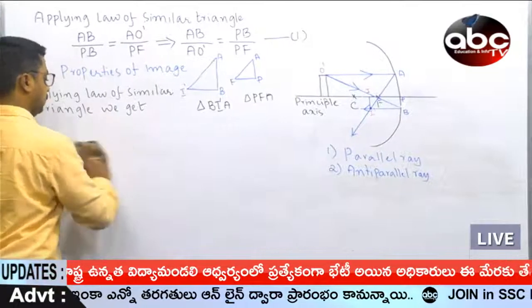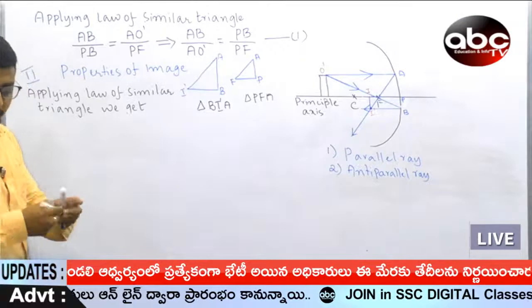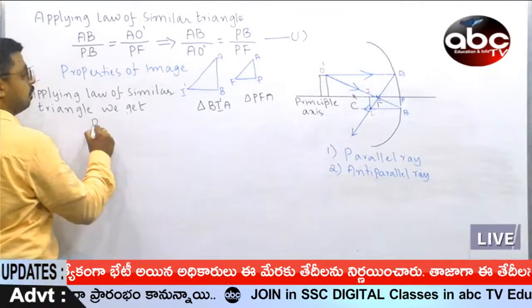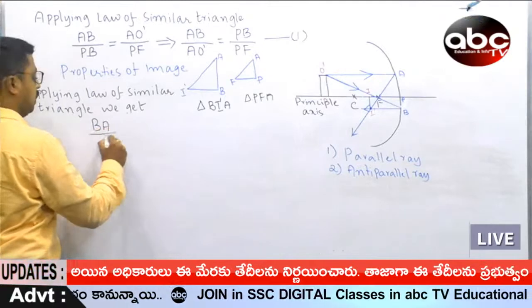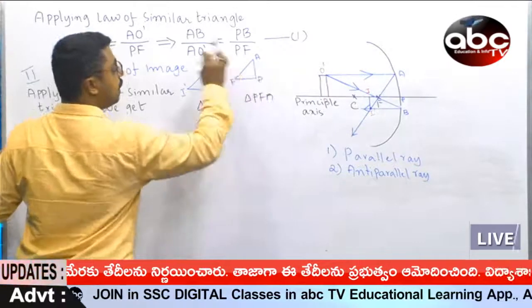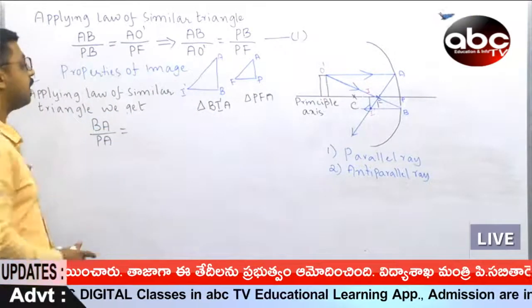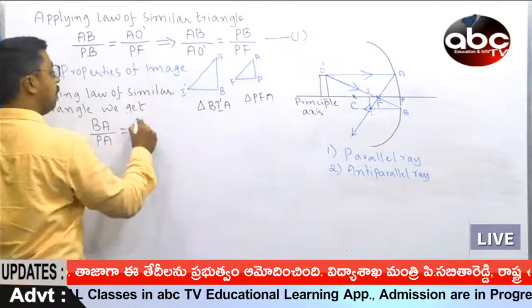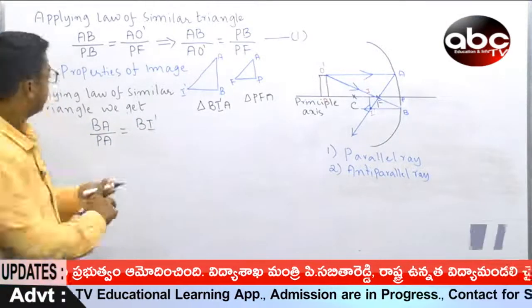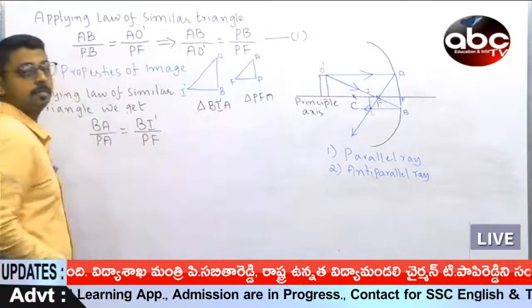Sorry, a small thing. So the sides are AB by AP or PA or BA is equal to, on the other side, we are comparing BI dash by PF.